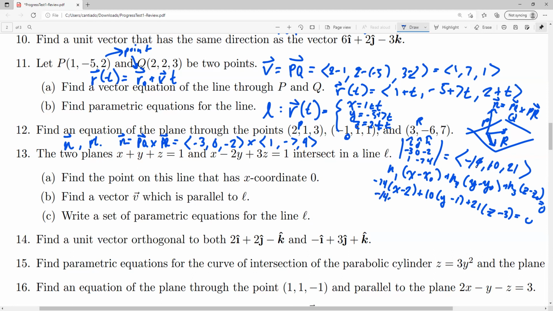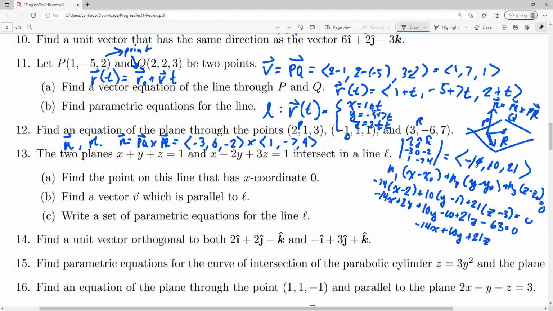So we'll get -14x plus 28 plus 10y minus 10 plus 21z minus 63 is equal to 0. Simplify it out, what do you get? -14x plus 10y plus 21z equals 45.